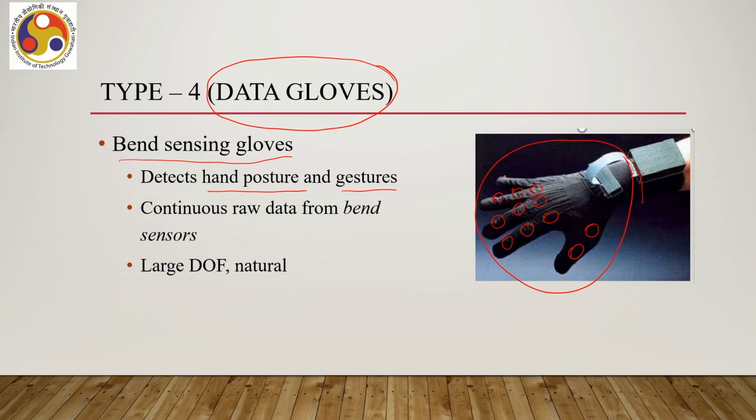In a proper bend sensing glove, the processing unit receives continuous raw data from all these bend sensors, and those are processed to detect the gesture. So, it provides a large degree of freedom because so many sensors are there. Any gesture is likely to generate different data streams for unambiguous interpretation. So, it provides a large degree of freedom, which makes the interaction more natural as compared to controller based interaction.